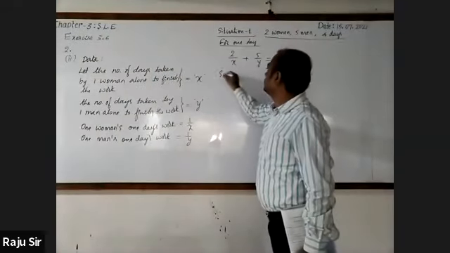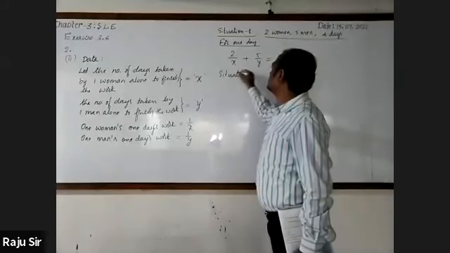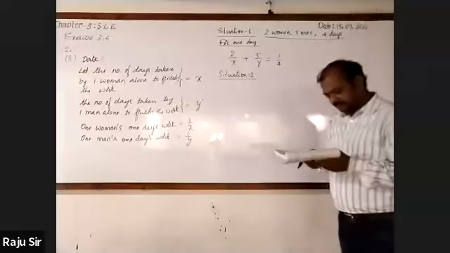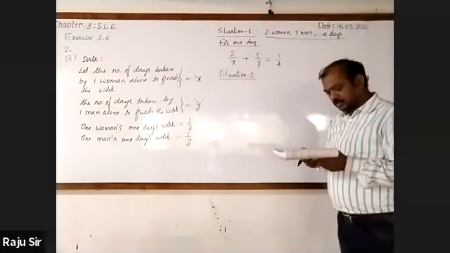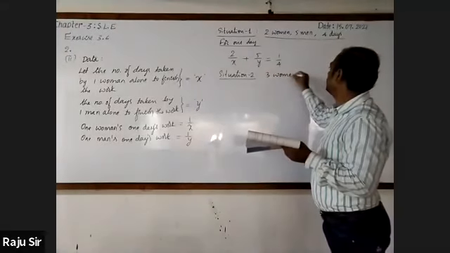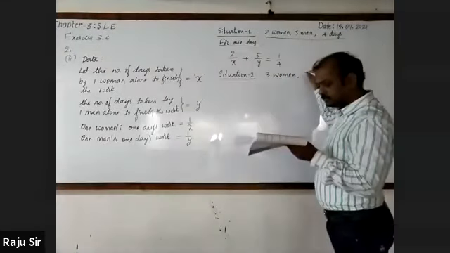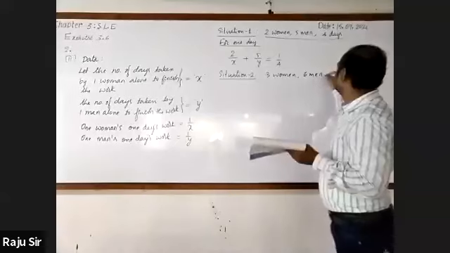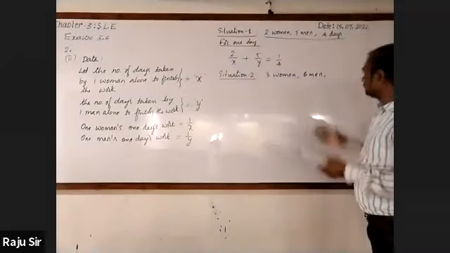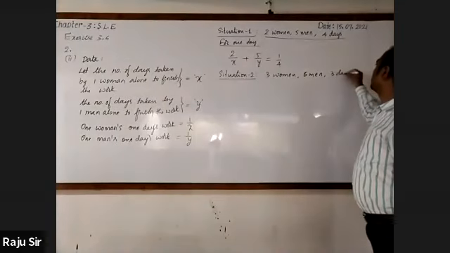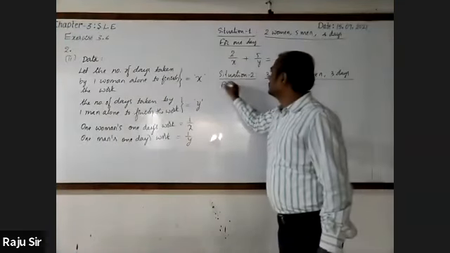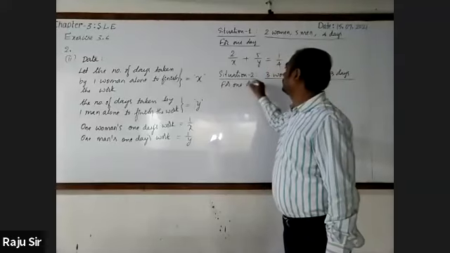Next, let me take the second situation. Situation 2. In this, 3 women and 6 men can finish the same work in 3 days. Even this is for 1 day.